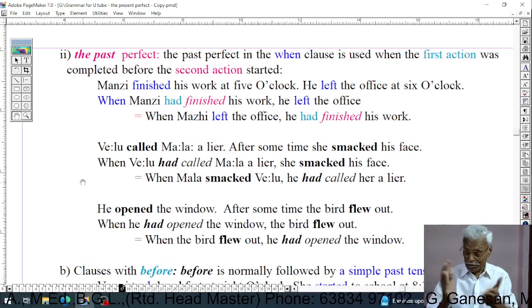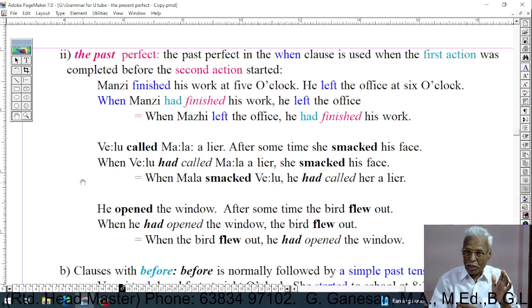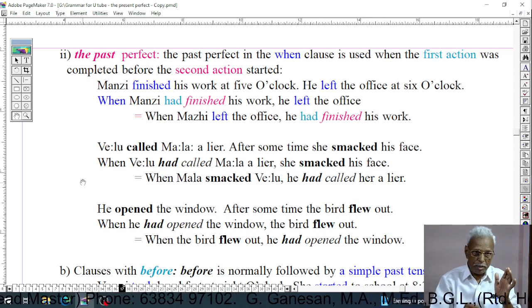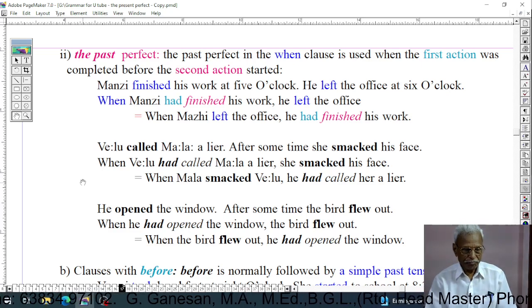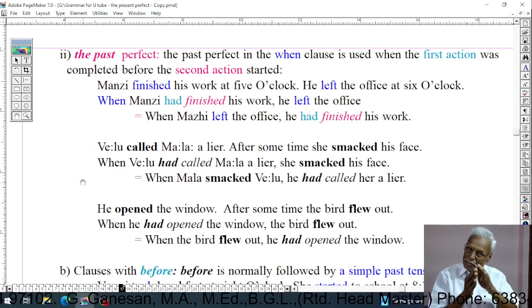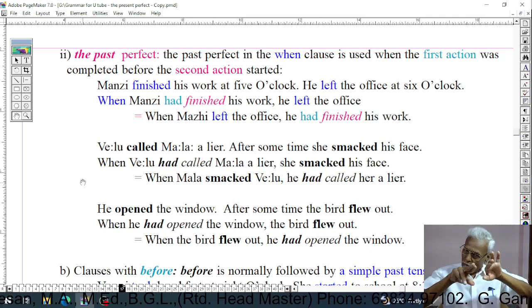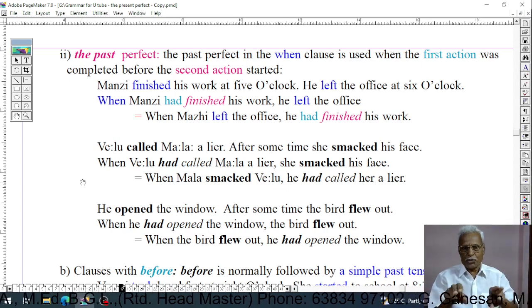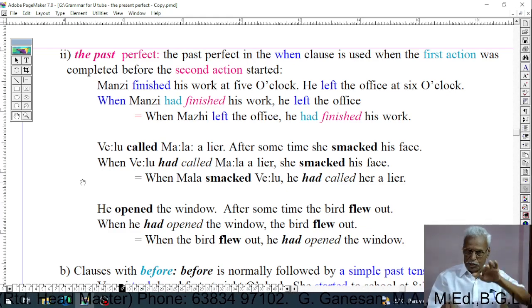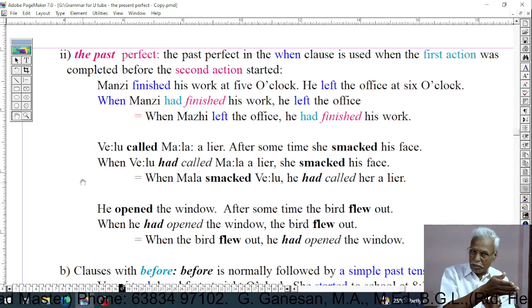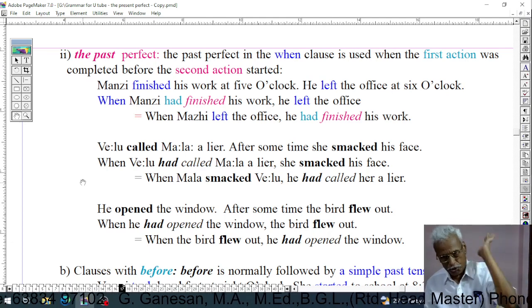Then, the past perfect. The past perfect in the when clause is used when the first action was completed before the second action started. So, dear students, when two actions happened in the past, one after another, they can be expressed in two simple pasts, which we have seen. Here, for the same two actions, the first action can be expressed using past perfect and the second action using simple past.